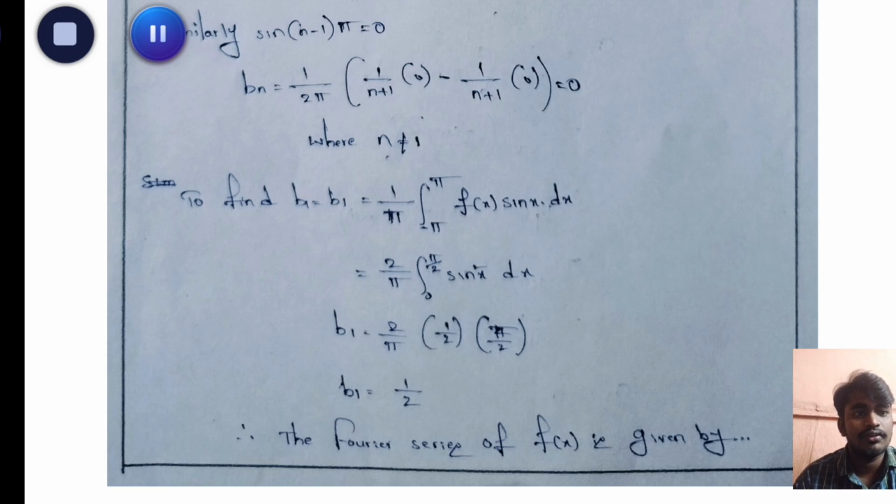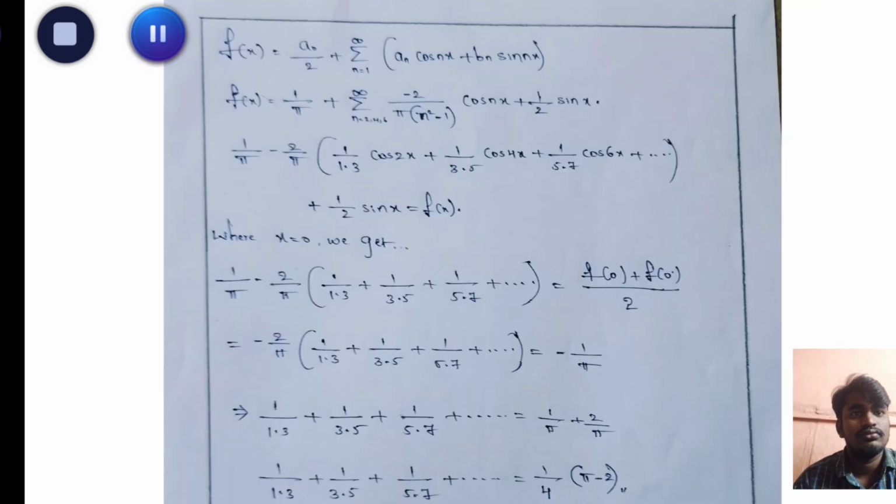The Fourier series of f of x is given by f of x equals a naught by 2 plus summation n equals 1 to infinity of an cos nx plus bn sin nx.